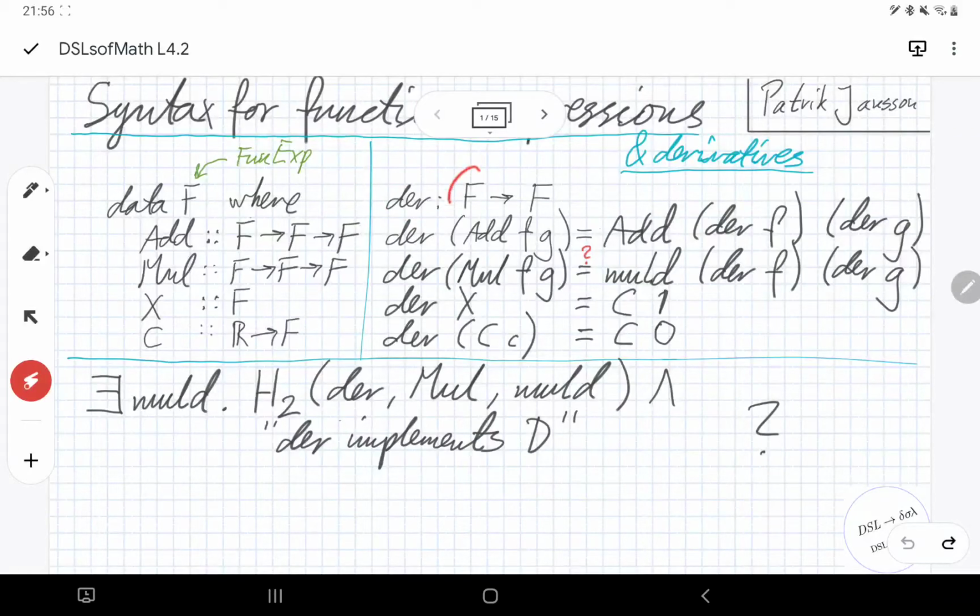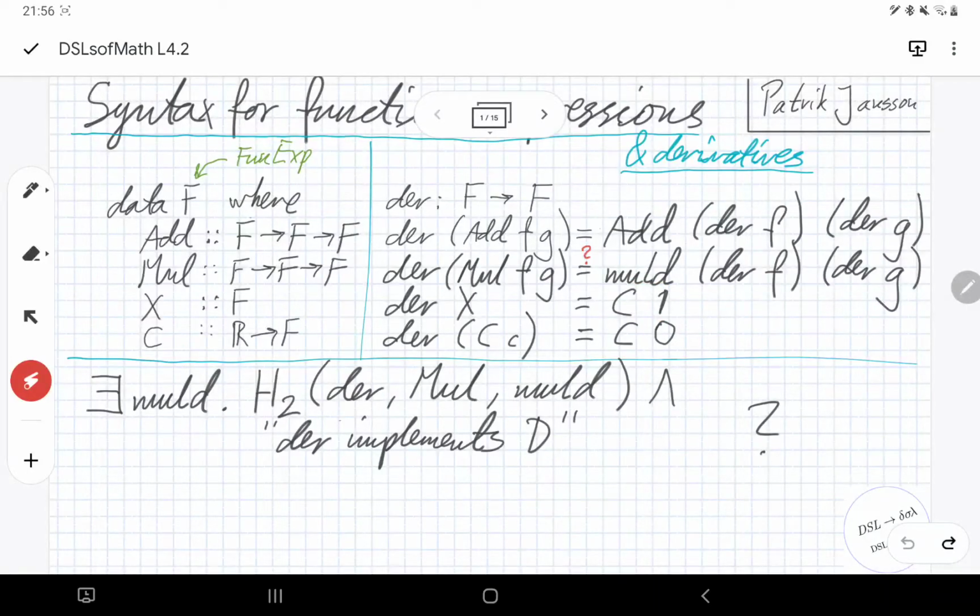So it's a function from syntax to syntax. We already know that the derivative is linear, which means that addition becomes addition. The derivative of constants is 0, and the derivative of x is just constant 1.